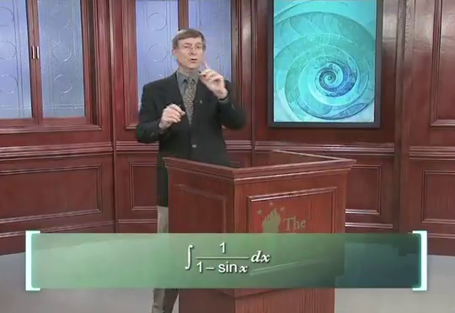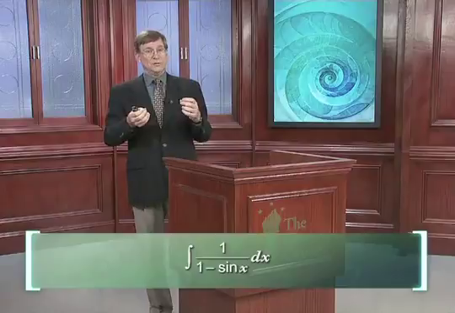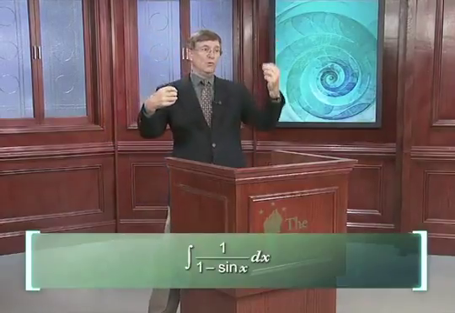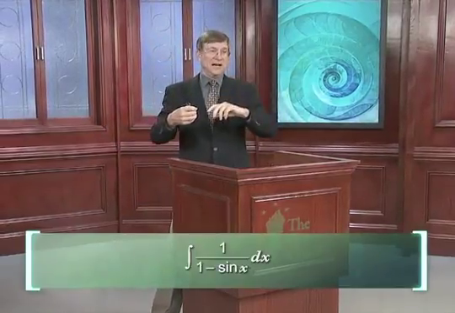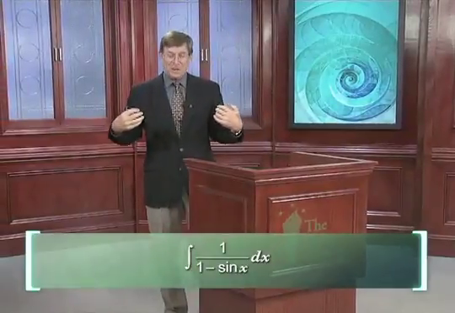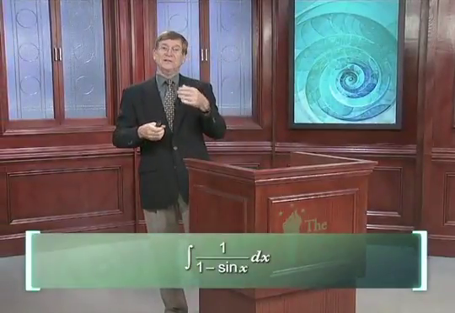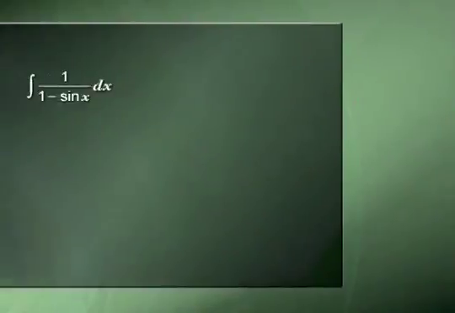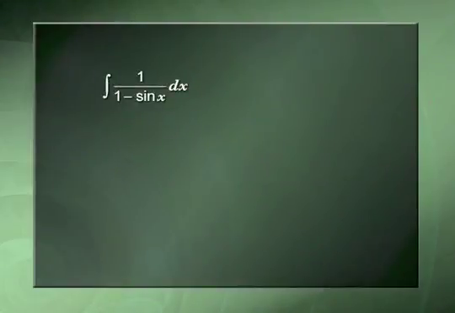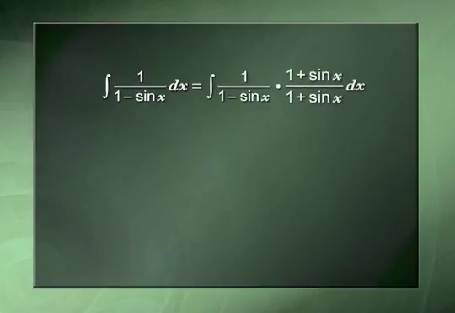By the way, don't do what some people would want to do, and that is split it up into 1 over 1 minus 1 over sine x. You can't split denominators. You can only split numerators. So what do we do? Well, here's a clever little trick. Multiply numerator and denominator by 1 plus sine x divided by 1 plus sine x.